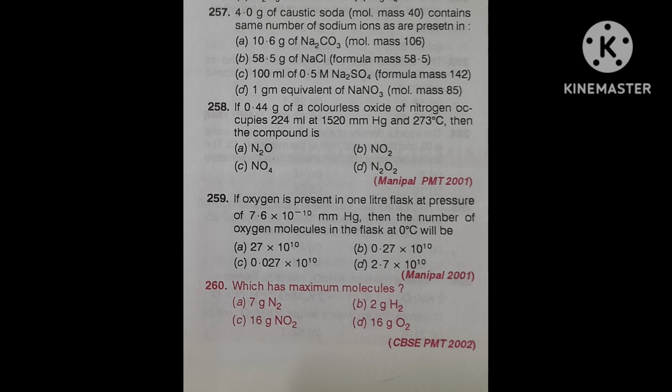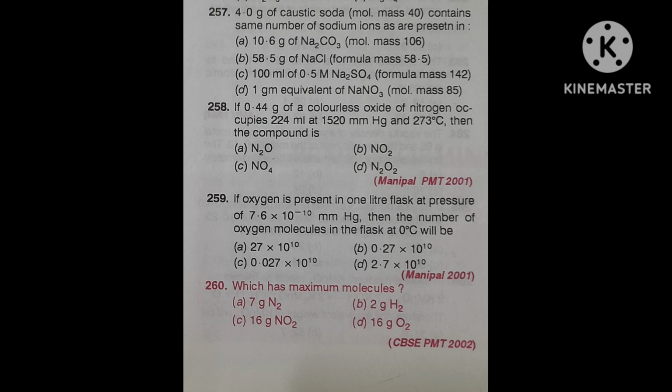First option is 10.6 gram sodium carbonate. How many sodium ions are there? You have to calculate. 106 is the molecular mass, so 10.6 gram means 0.1 mole sodium carbonate.